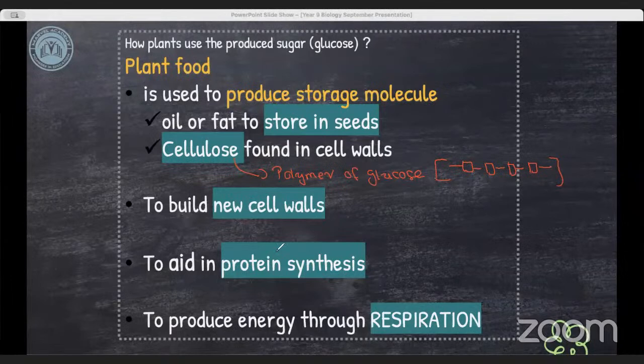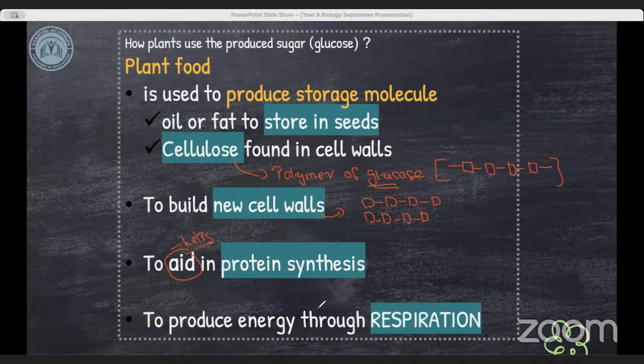It is also involved in synthesizing new cell walls, because when you have glucose units, you can put them together and make cellulose, a structure like this. And it also helps in protein synthesis.